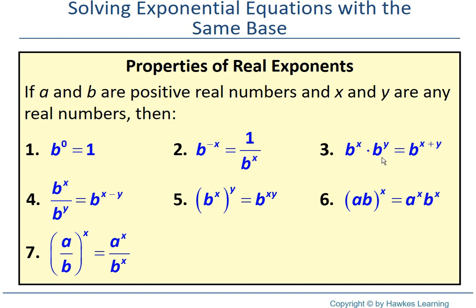This is the property of the product of exponents. This is the quotient property, where we're subtracting. Now, this is the power property, where we're actually going to multiply. And remember, we're going to move that in front. We'll be getting to that. And then this is just an extension of this, where it applies to each of our factors inside the parentheses. And here as well.